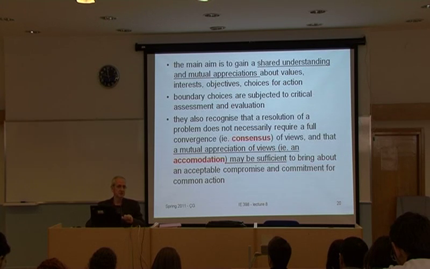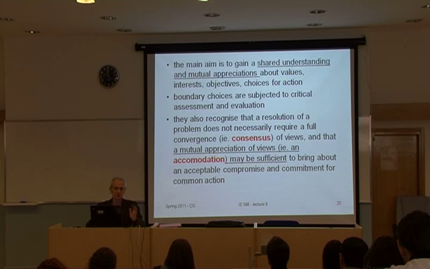The objective in all these soft approaches is to gain a shared understanding and mutual appreciation about values, interests, objectives, and choices for action. We should bring people together so that they share their views about values. This is what we mean by the proposition should be culturally feasible.